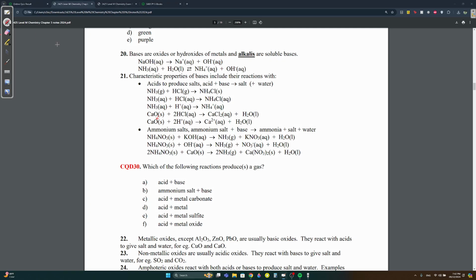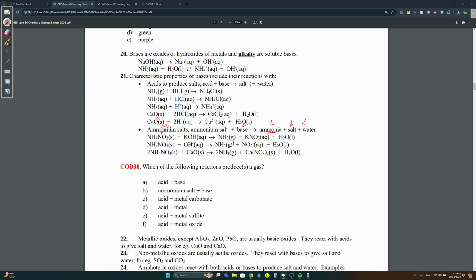So any ammonium salt plus a base gets you ammonia plus salt plus water. For example, here, NH4NO3, ammonium nitrate, plus KOH. This is the ammonium salt. Ammonium is NH4. Plus KOH, the base, potassium hydroxide. Any OH is usually a base. To produce NH3, like we said, ammonia gas. Ammonia is NH3.